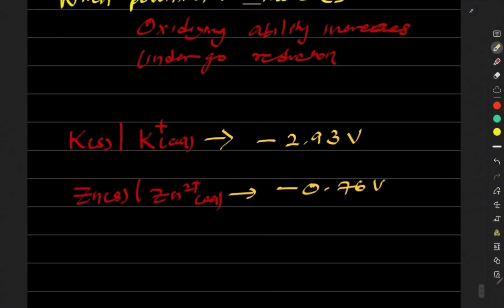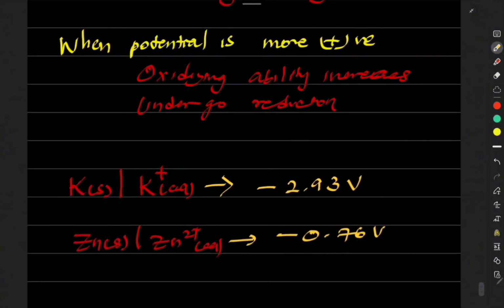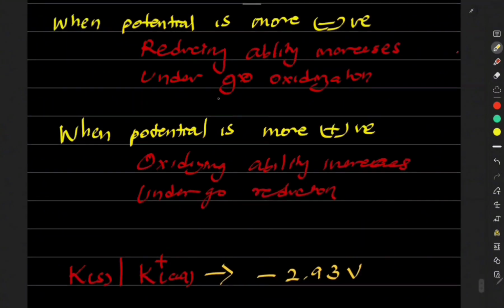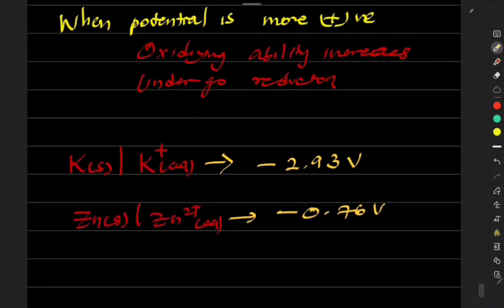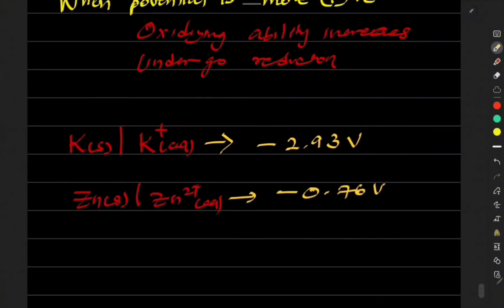If we compare these, which is more negative? Potassium is more negative, which means it undergoes oxidization, and therefore zinc will undergo reduction if the cell contains a potassium electrode and a zinc electrode.